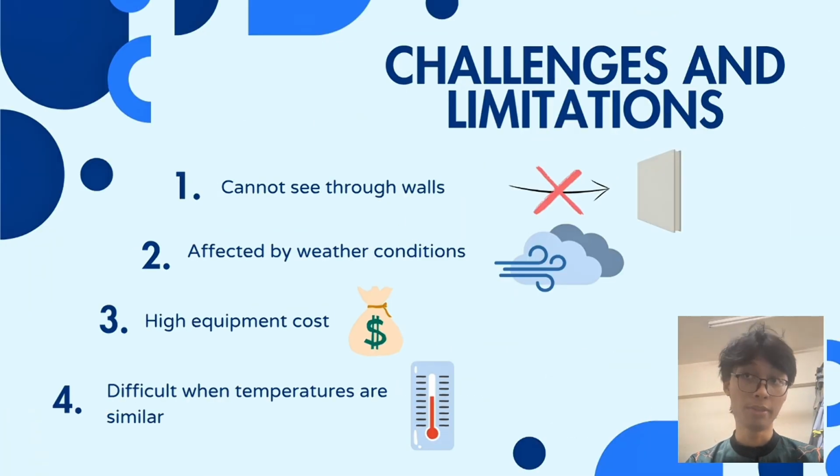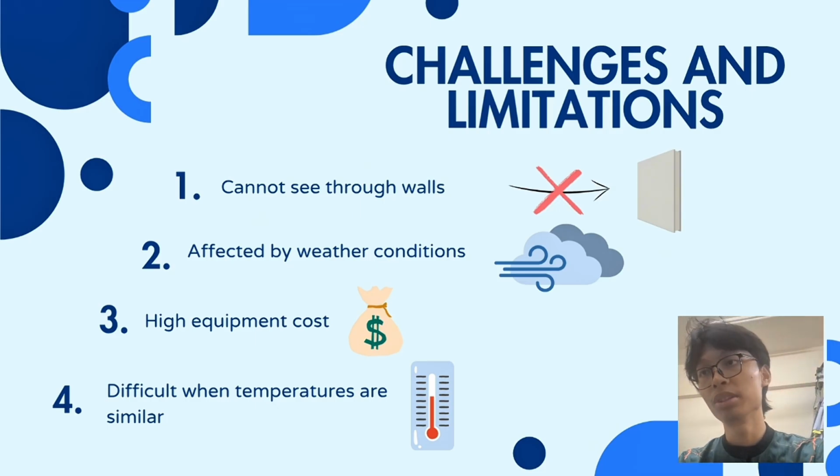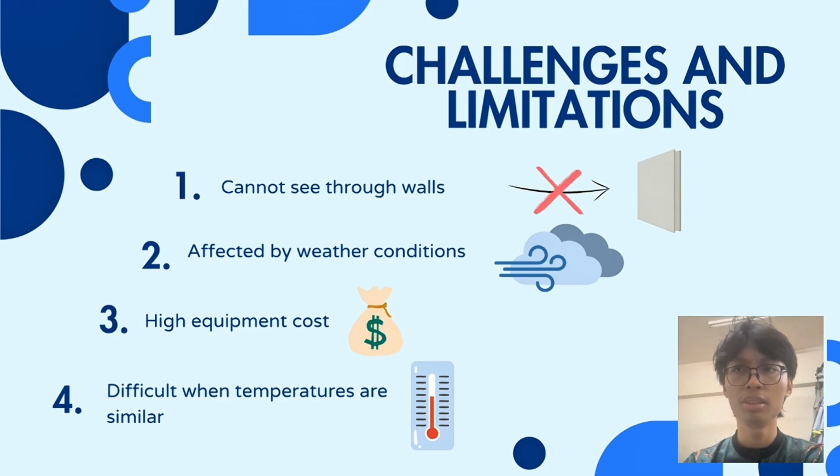But despite its advantages, infrared technology also has several limitations. One common misconception is that infrared cameras can see through walls, as we can see in movies. But in reality, this isn't true. They only detect heat emitted from surfaces.